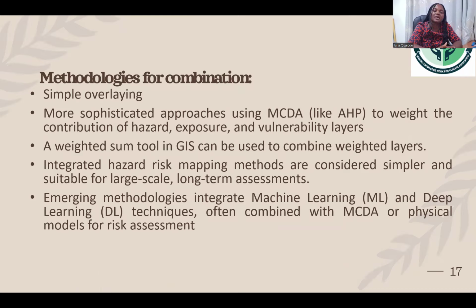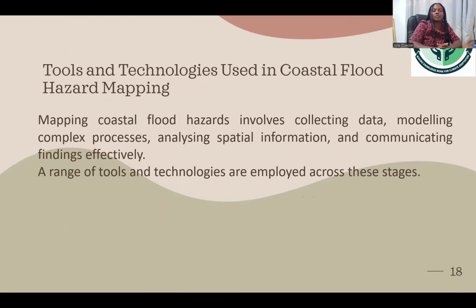And we can also look at emerging technologies like machine learning as well as deep learning. All these are emerging methodologies which can be utilized for the flood risk combination, like combining the elements that we have discussed, the three major elements.